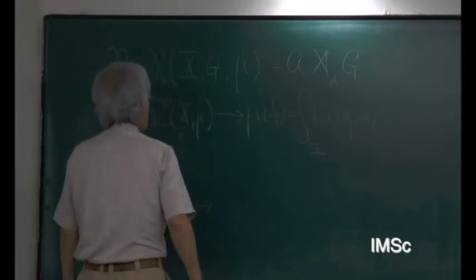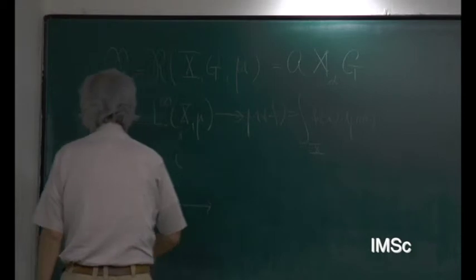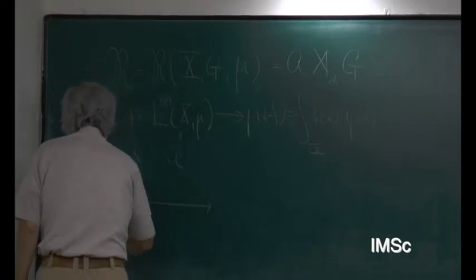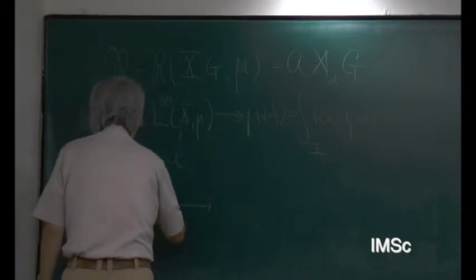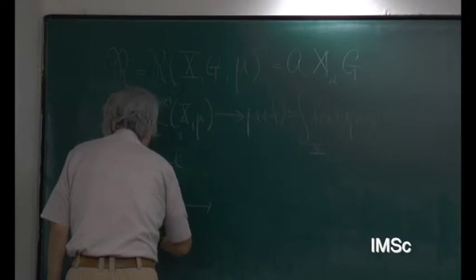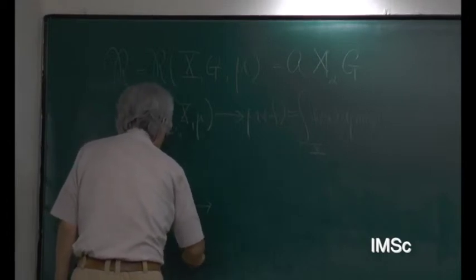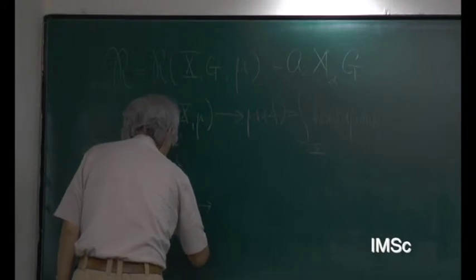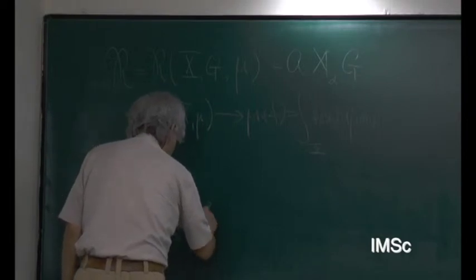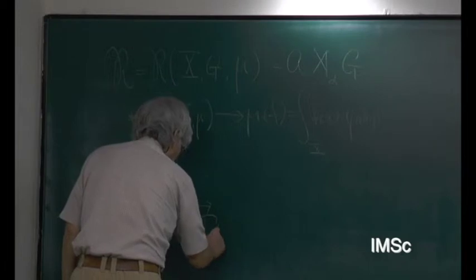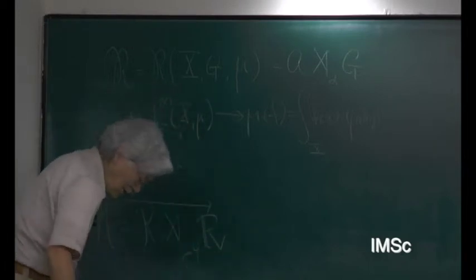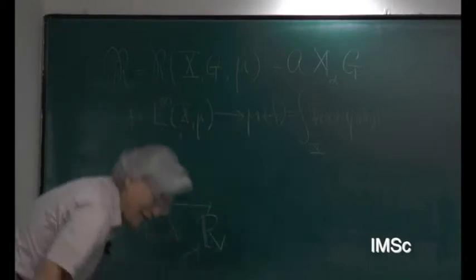Okay, now what is M? M is R crossed product by sigma phi relative to R. This is the core. Okay, this is the core.